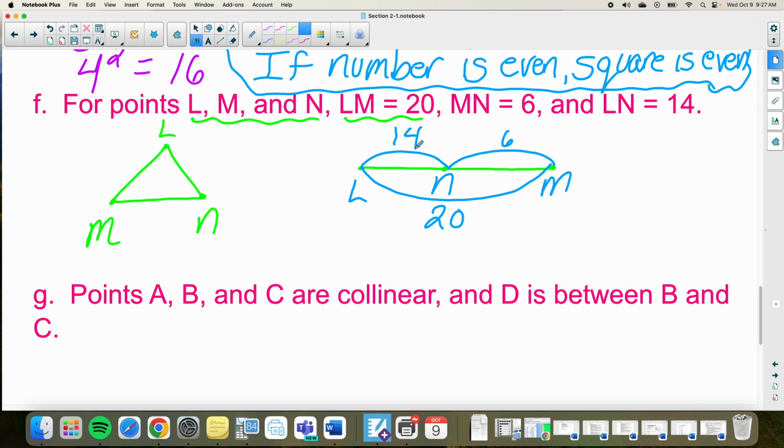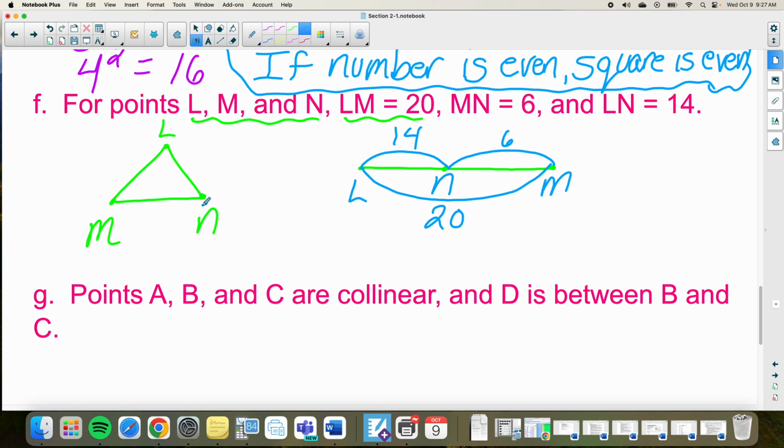Now I obviously didn't draw it to scale. Here is how you can tell if they're non-collinear, kind of in a triangle, or collinear, where they're all on the same line: you draw it out like this, and if the 14 plus the 6 equals 20, which it does, that means all of your points are on the same line.